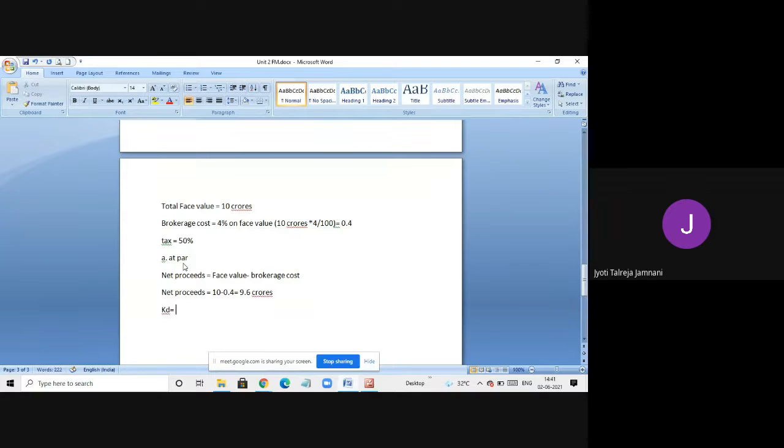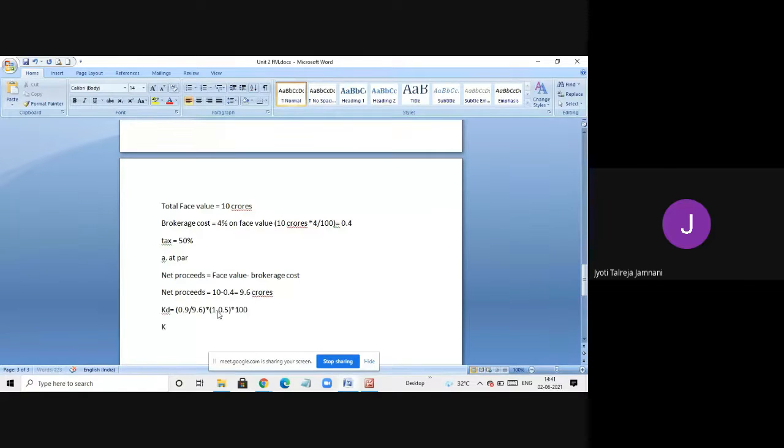Cost of debt is equal to interest, that is 0.9, divided by net proceeds, which is 9.6 crores, into 1 minus tax rate. So 1 minus 0.5, tax rate is 50%, into 100.